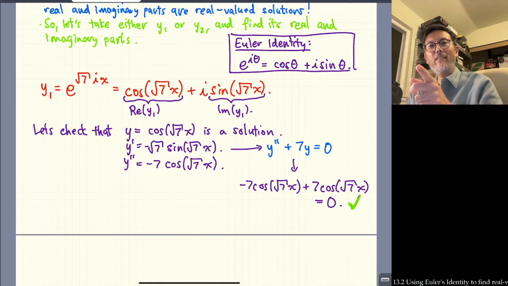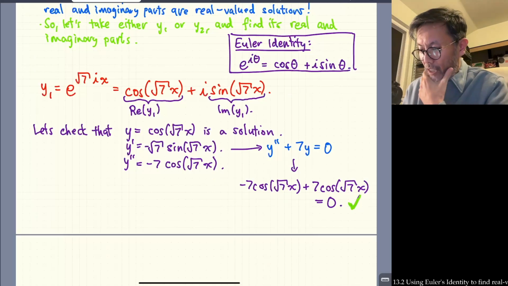Given that that's the case, we can then write down the general solution. Let me write that as a comment.